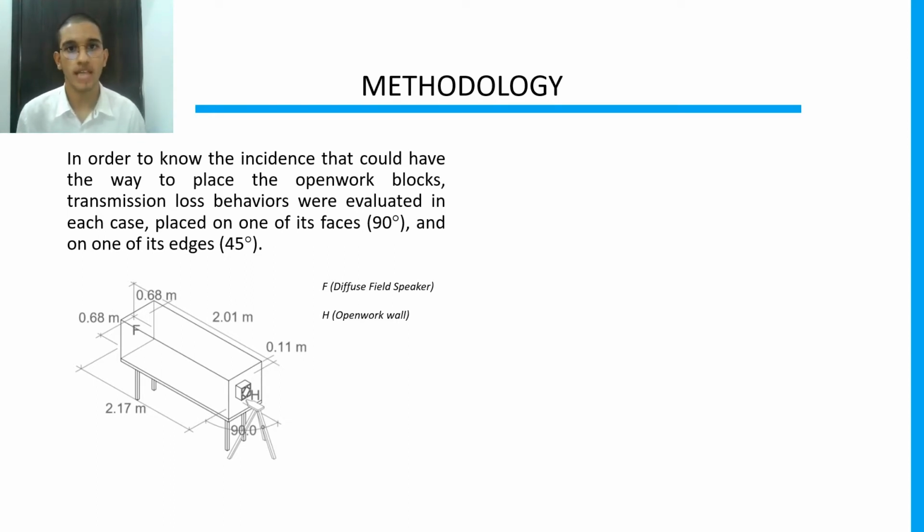Two types of evaluations were made: with the block placed on one of its faces at 90 degrees, and on one of its edges at 45 degrees. An evaluation without the open wall block was also made to determine the acoustic attenuation on behalf of the chamber, considering that the sound level is attenuated as the sound propagates between the source and the receiver.